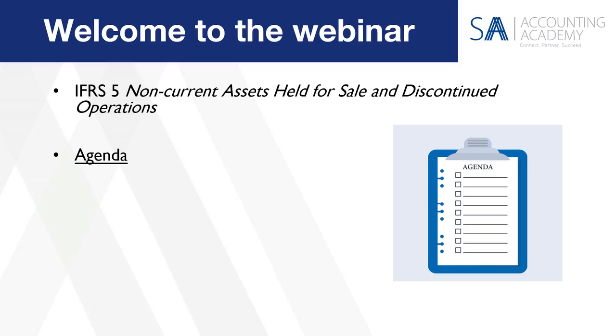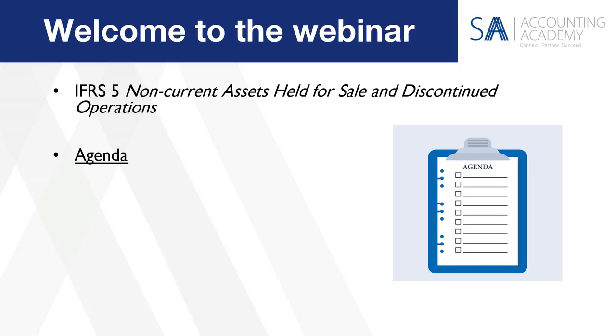So what you'll see is when we look at the recognition part of IFRS 5, the focus is on the reclassification component. So how do we take existing non-current assets, reclassify them in terms of the principles of IFRS 5, and then show them as non-current assets held for sale, which are effectively current assets. Okay, so that's the important part.